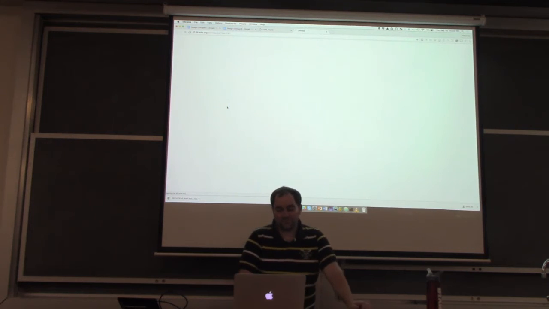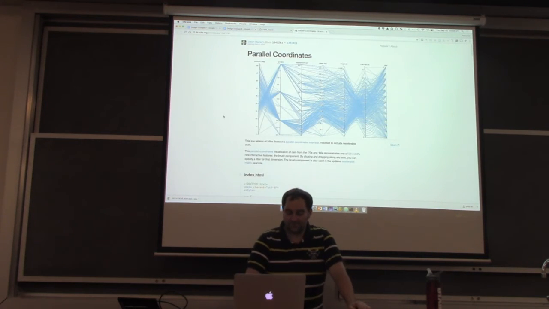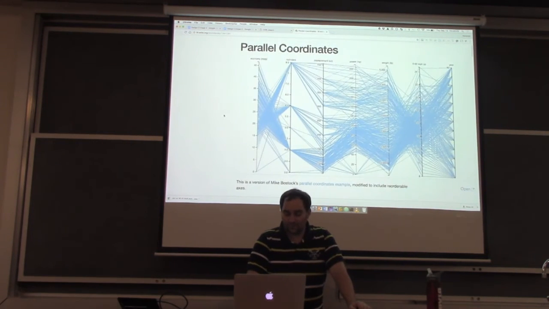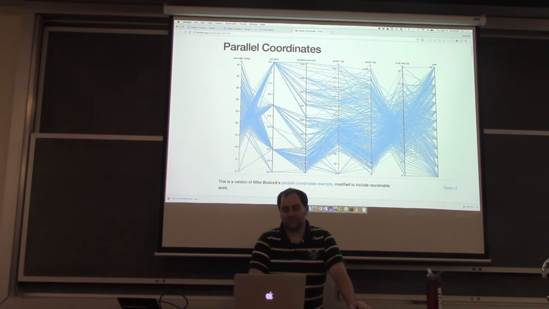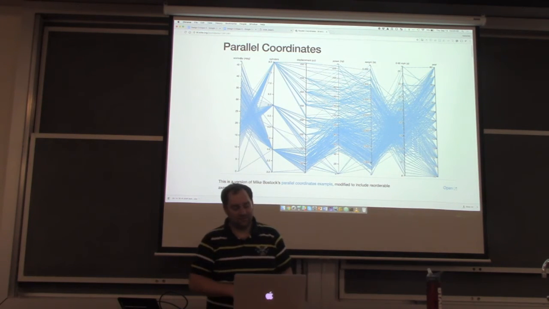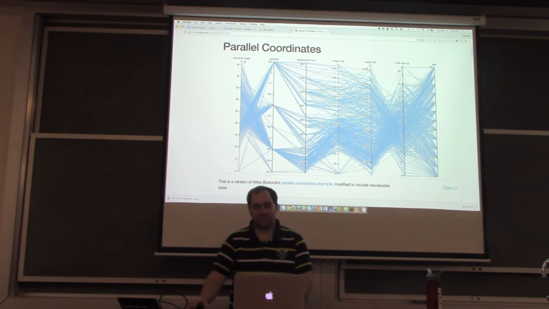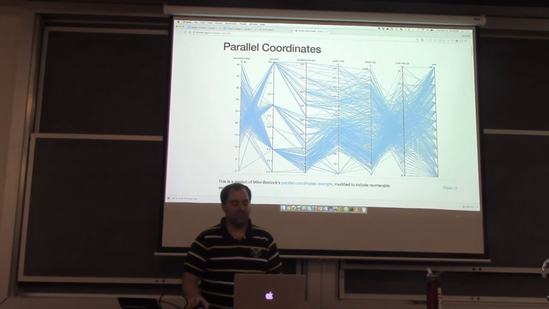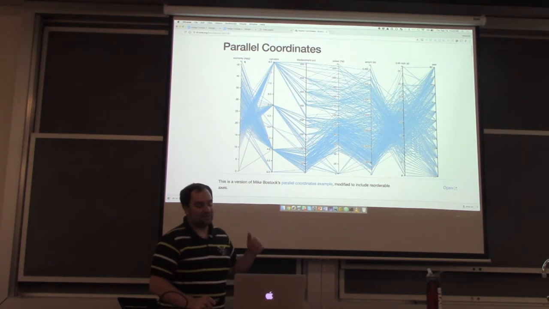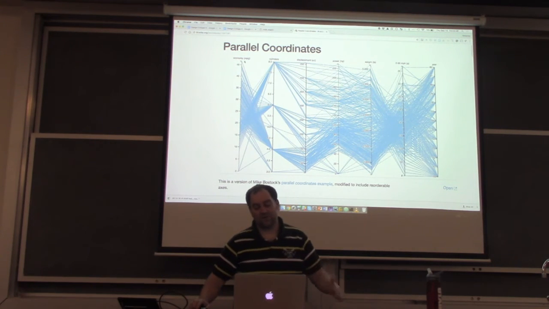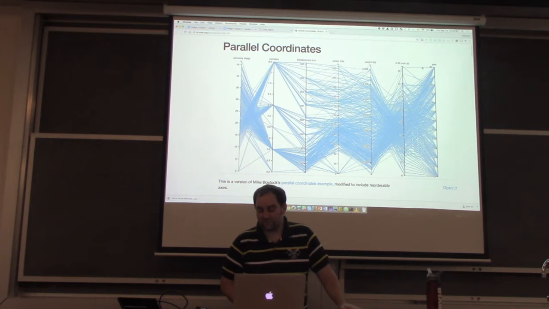in this parallel coordinates plot, this is D3. What is done here is that each dimension, each attribute, has its own axis, but the axes don't have to be of the same data type. So we have here miles per gallon, cylinders, displacement, horsepower, weight, acceleration, and the build of the car.